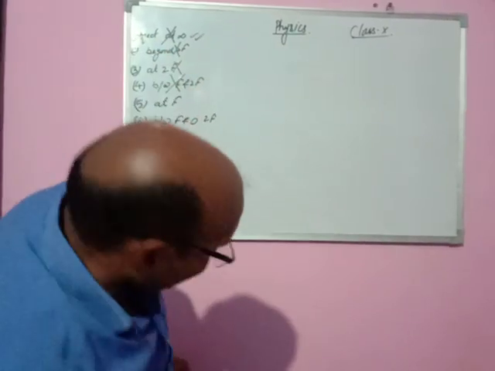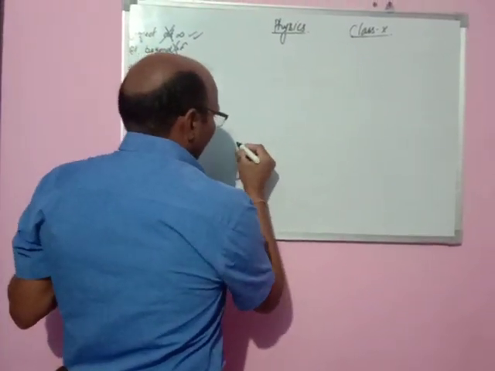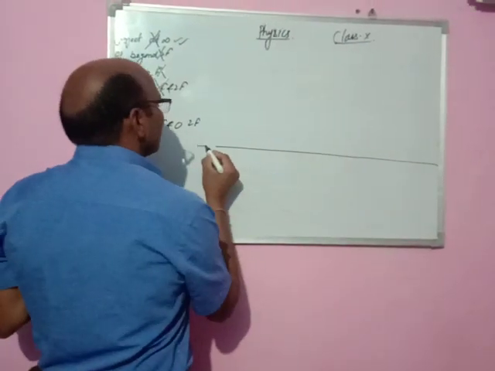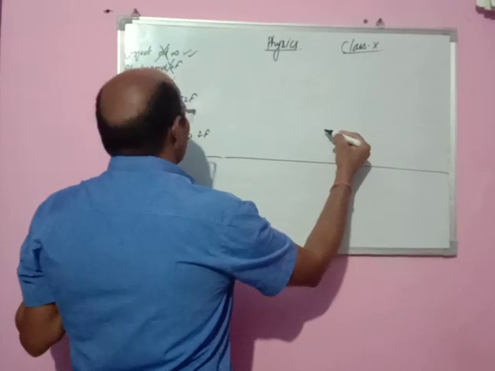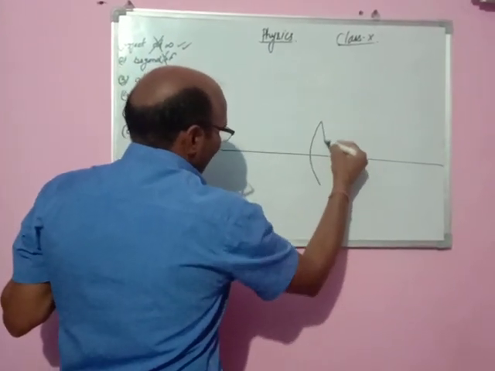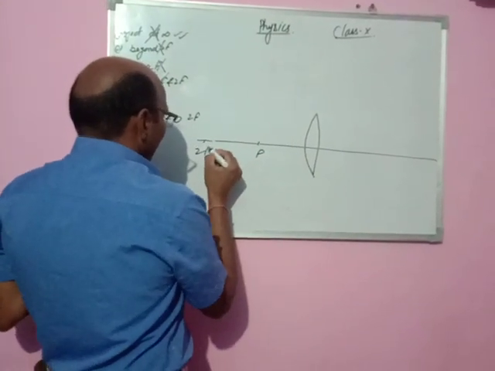When object is at 2F, so now this is principal axis. Now lens, this is F, this is 2F.